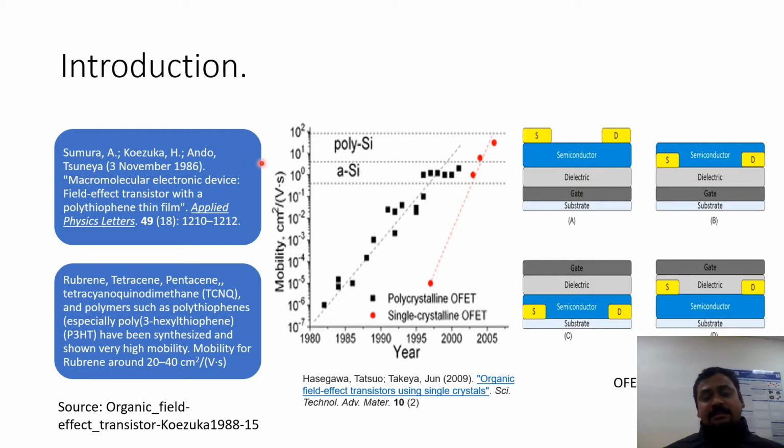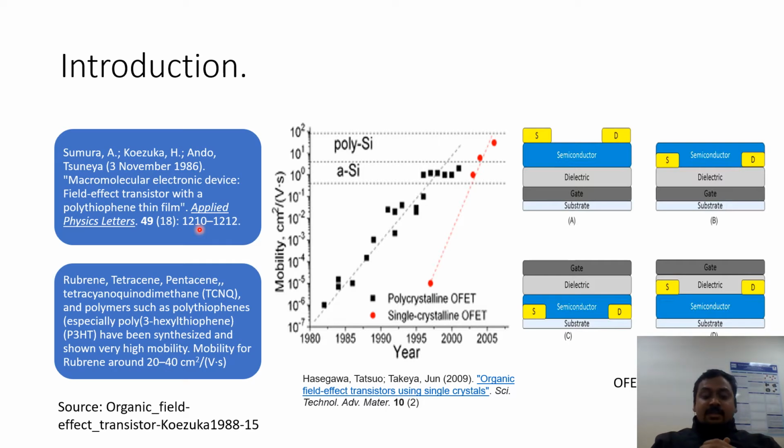Transistors basically started around the 1950s, when we first got the silicon based transistor developed at Bell Labs by, I think, Mohamed Atalla and other researchers. But the whole organic system came into the picture after 1986, when I think the Mitsubishi company was working on designing electronic materials.